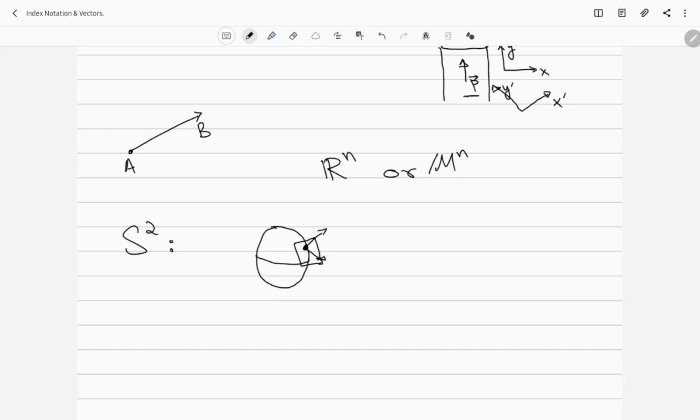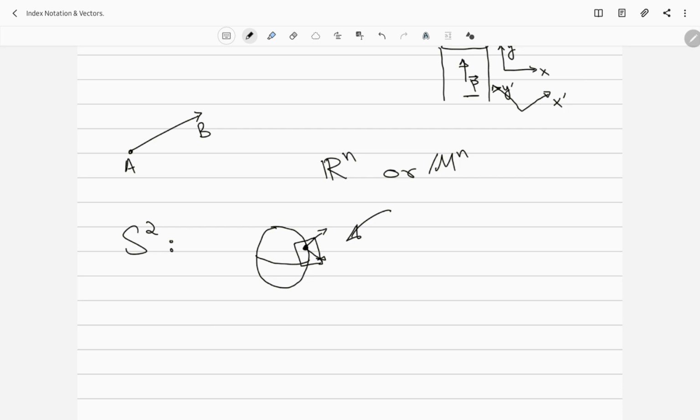Now, the question arises: how do we work with these intrinsically flat objects in curved spaces, right? Well, at each point in space, we will define what we call a tangent space. If you look at this diagram that I drew over here, you can understand that.